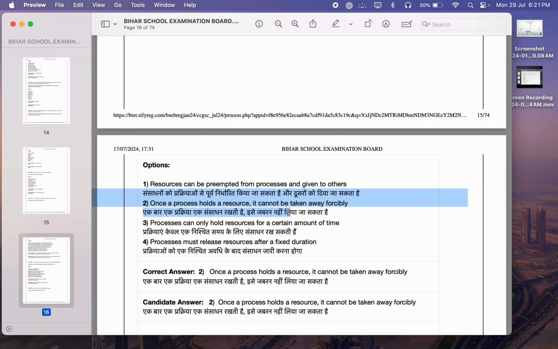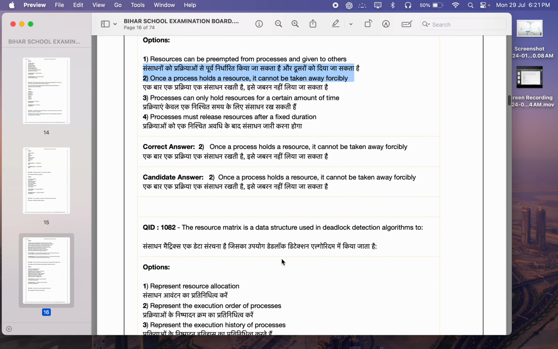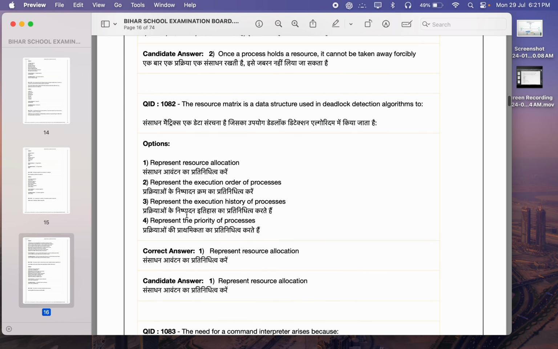Once a process holds a resource, it cannot be taken away forcibly. So the second option is the correct one. The other conditions are both cases of preemption, but we are talking about no preemption. So only two suits the question.